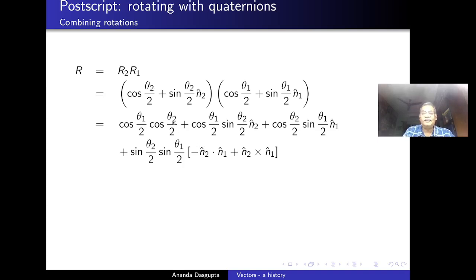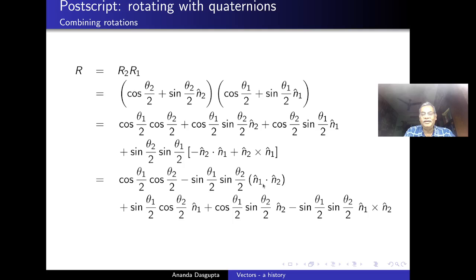So now notice that this term is a purely real number. And this is a purely real number multiplied by this real number. So this and this together gives you a real part of the product. Whereas this is a vector, this is a vector. That is a pure quaternion part. And this is a vector. So, when you collect the terms together, this is what you get.